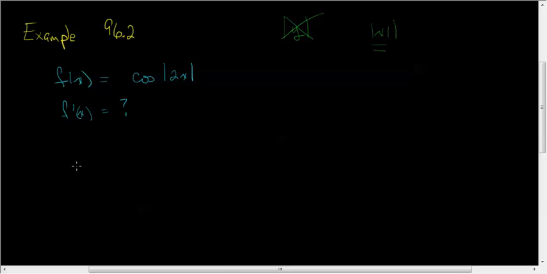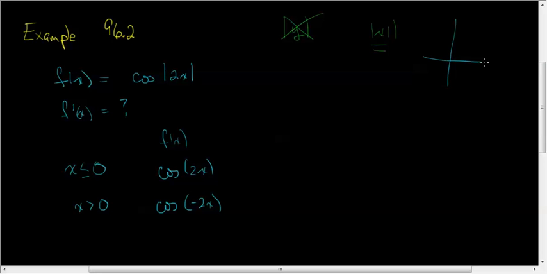If x is greater than 0, f of x is cosine of 2x. If x is less than 0, I take the opposite, negative 2x. But wait, something special about cosine and negative. Let me come up here and make a quick picture.